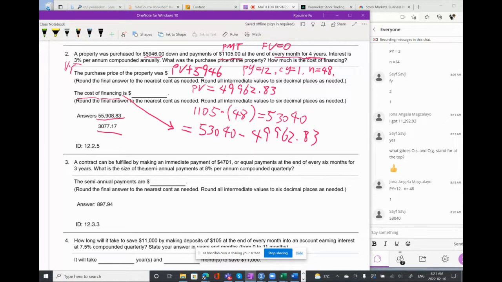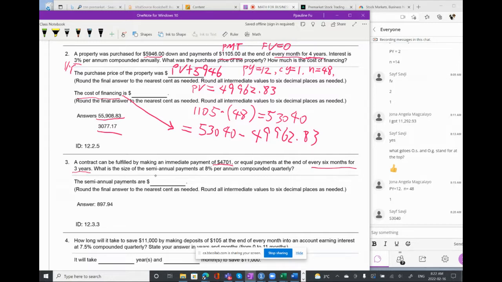A contract can be fulfilled by making an immediate payment, $4,701, or equal payments at the end of every 6 months for 3 years.